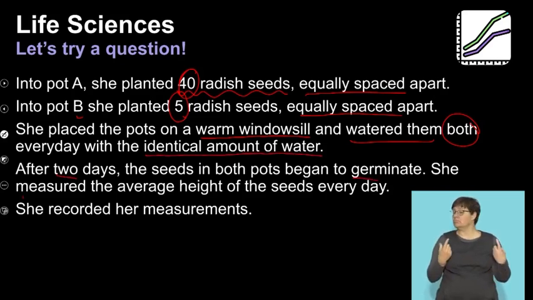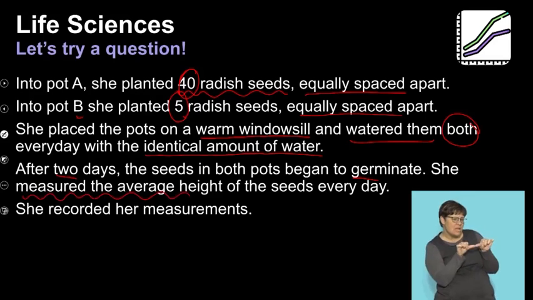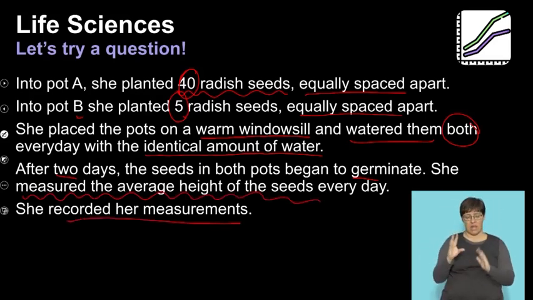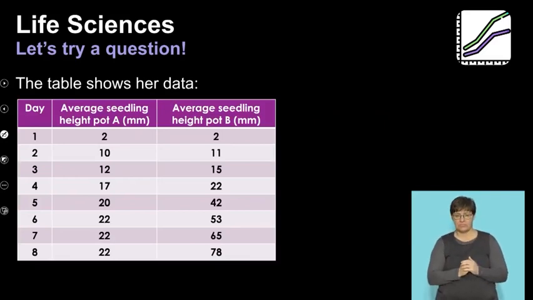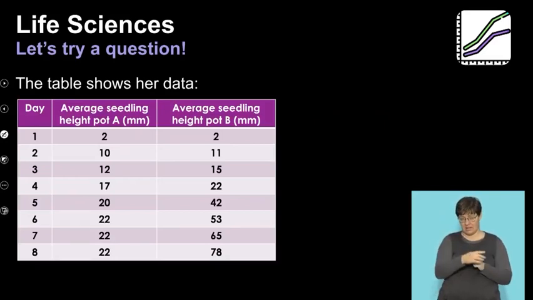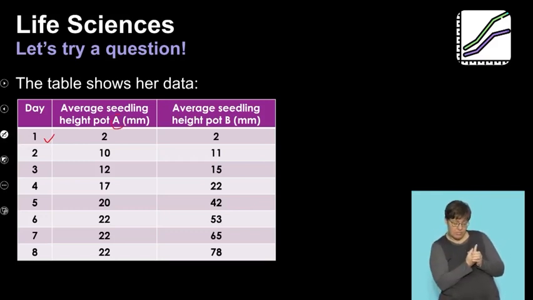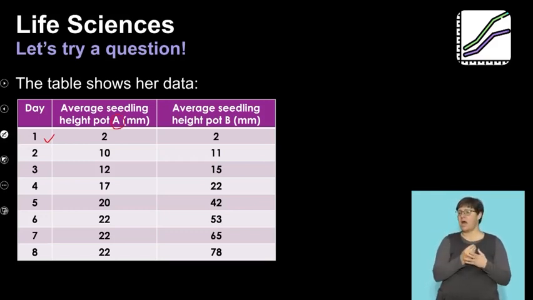What did she do? She measured the average height of the seeds every day, and she recorded her measurements. Here is the table. Day 1, after germination, we see that pot A has an average seedling height of 2 millimeters.